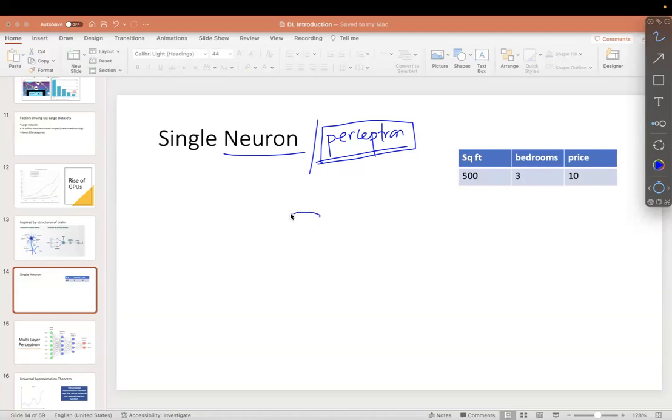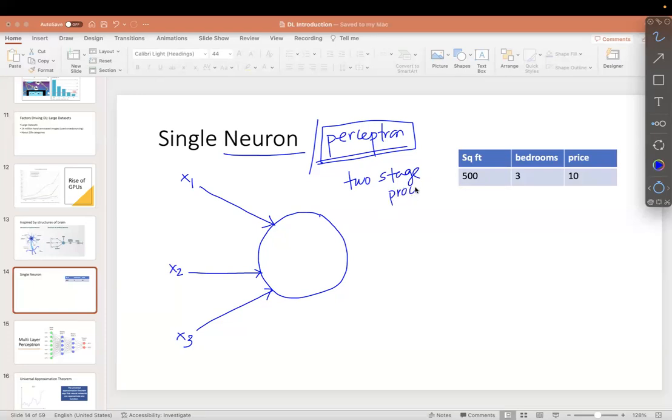The perceptron is a component which receives signals from other neurons, or input signals, let's say x1, x2, and x3. A single neuron typically does a two-stage processing.